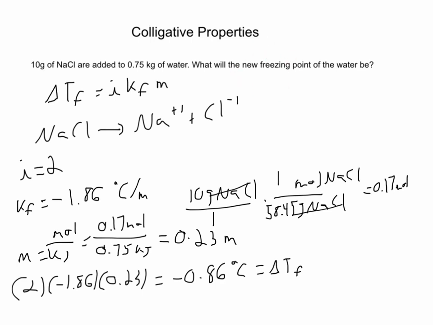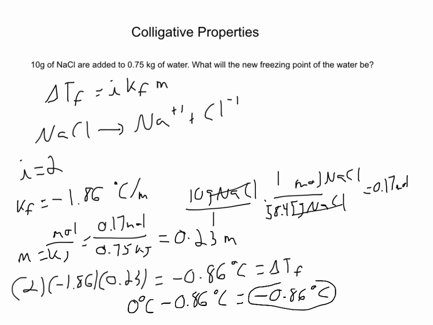Well, water usually freezes at 0 degrees Celsius. So we're going to subtract the 0.86 because we've decreased our temperature by that much, and we'll end up with negative 0.86 degrees Celsius as our new freezing point. Notice how the freezing point doesn't change by a lot, even though we added 10 grams of sodium chloride, but there is an effect.